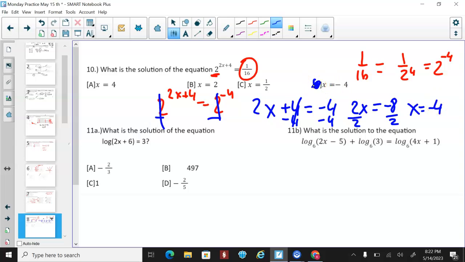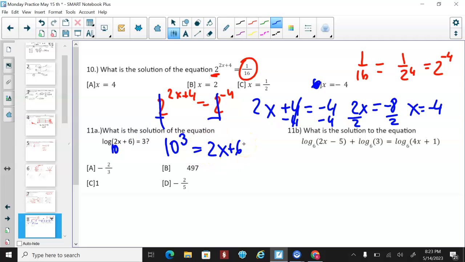All right, number 11a. What is the solution of the equation? Again, this is a log. I am going to turn it into exponential. So remember, if it's not written, the base is 10. So it's going to be 10 raised to what's on the other side, which is 3, will equal 2x plus 6.